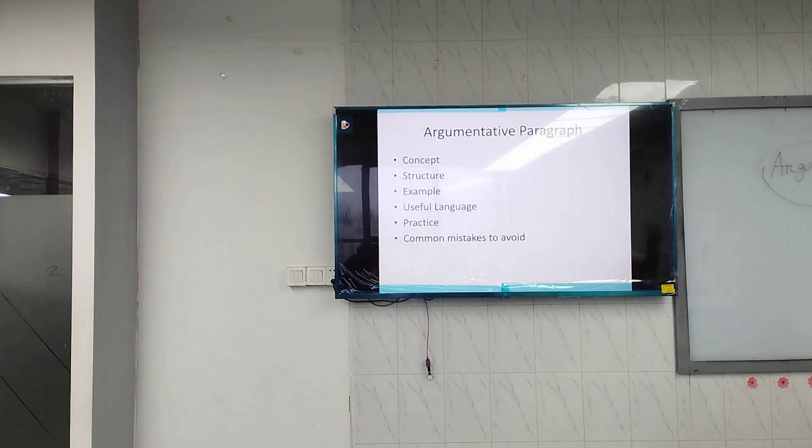We are going to learn the concept, then the structure, how it is structured in a particular way, then the examples, also some useful language, like in the earlier classes, like moreover, similarly, as a consequence, consequently, phrases that help you in writing the paragraph. Then a practice session, and the last one is common mistakes that we make and which should be avoided.